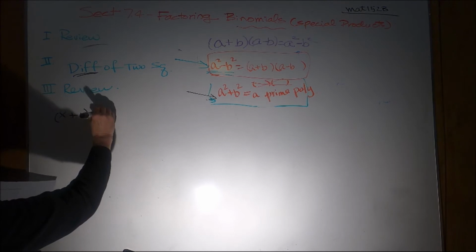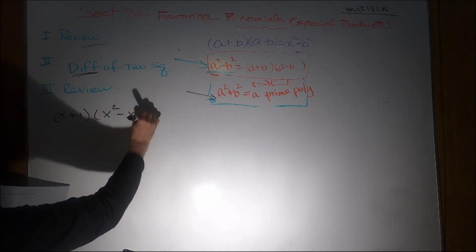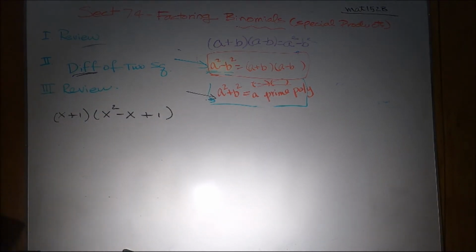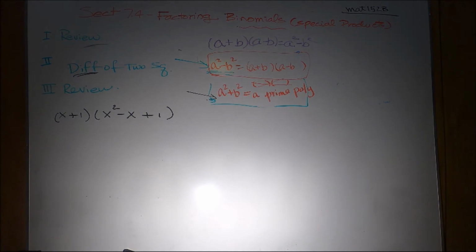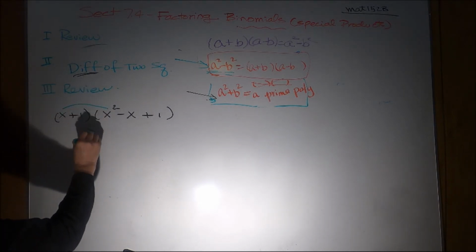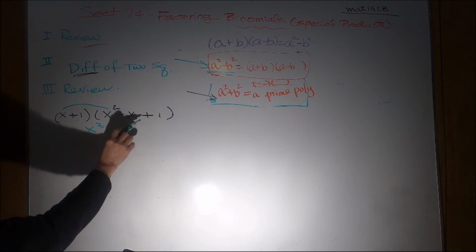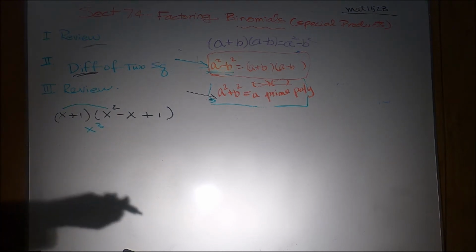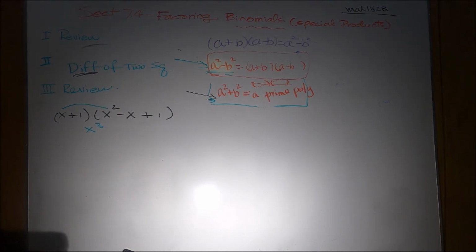But I'm going to multiply what? 3 terms. Let's see what will happen. Same thing, we distribute everything. So x times x, x cubed. 2 terms times 3 terms, you should end up with 6 terms before you simplify it, right?